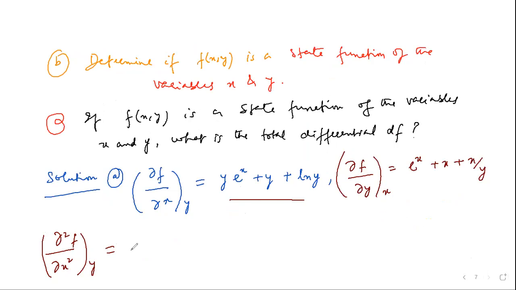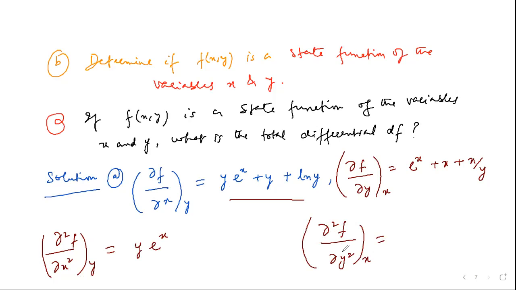When you differentiate this with respect to x, first order derivative treating y constant, these two terms will be 0. They contain only y. Differentiation of e^x is just e^x. It is ∂²f/∂x², y constant. Now I find ∂²f/∂y², x constant.